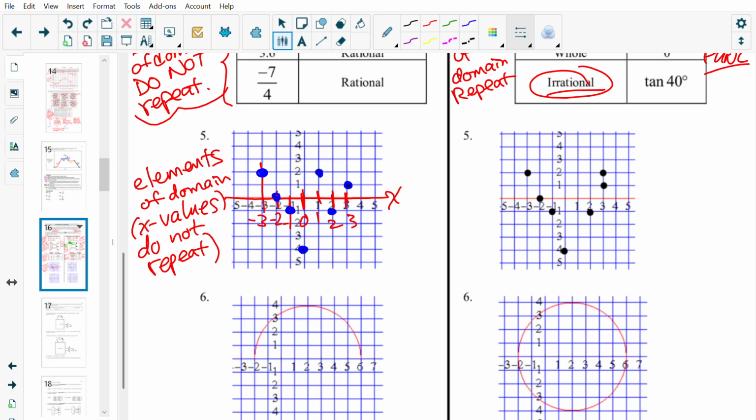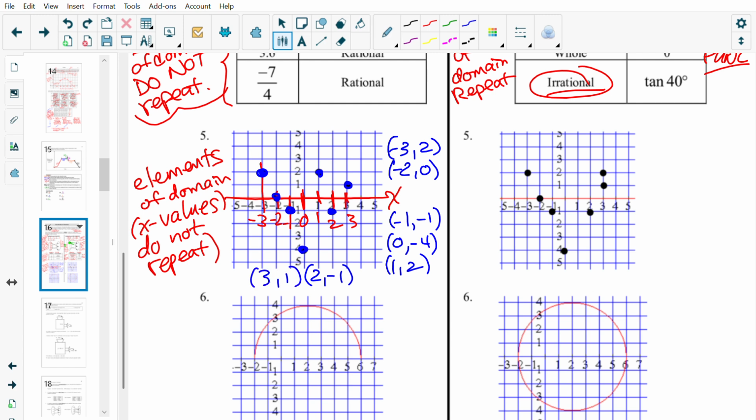That's -3, 2. That's -2, 0. That's -1, -1. That's 0, -4. That's 1, 2. That's 2, -1. And 3, 1.